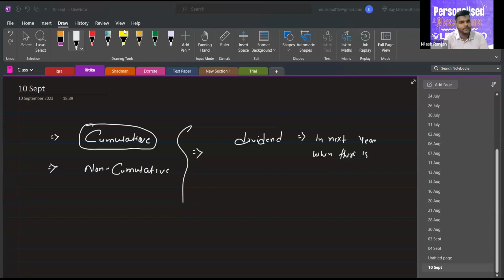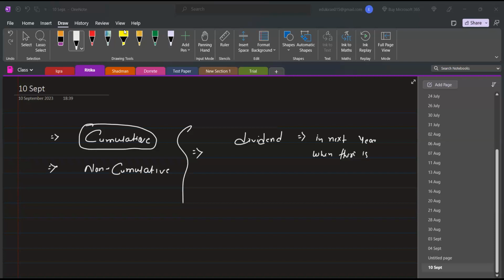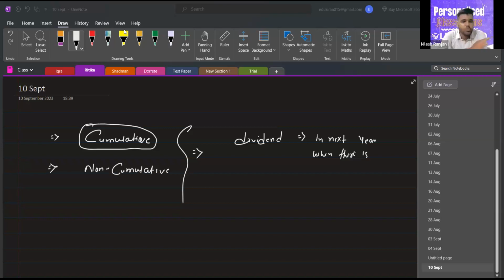So either it is preference share or equity share, they will not get anything if there is no profit. But now there are two types of preference share. One is cumulative and the second is non-cumulative.